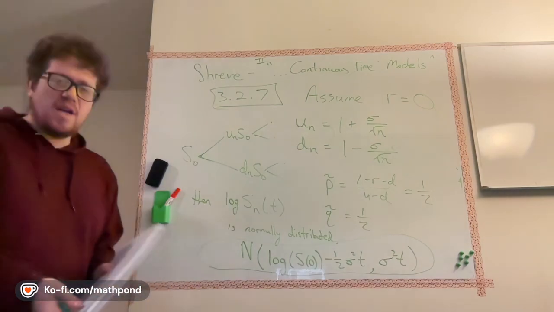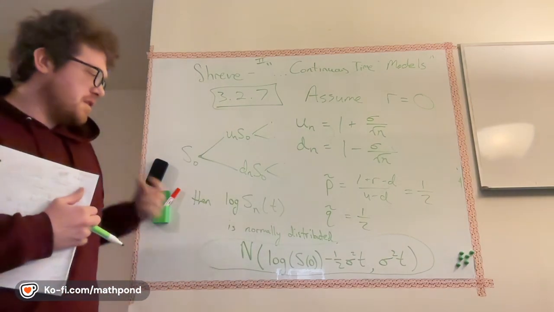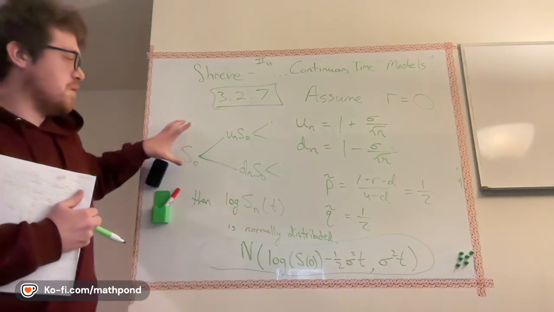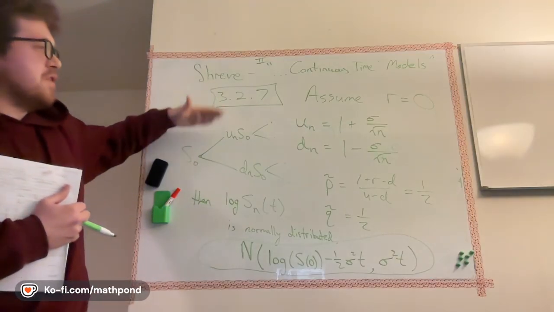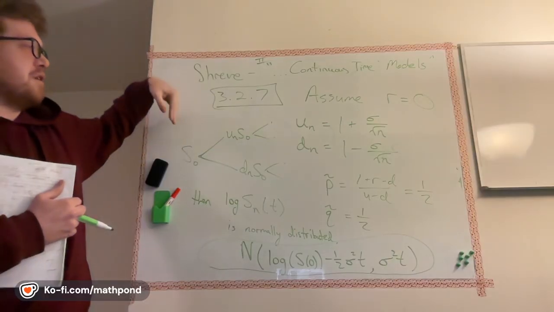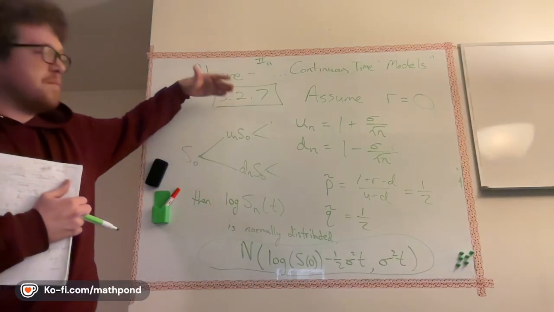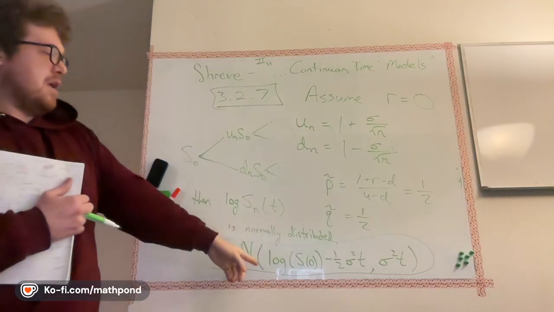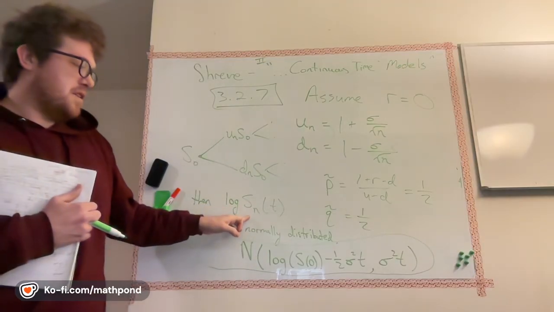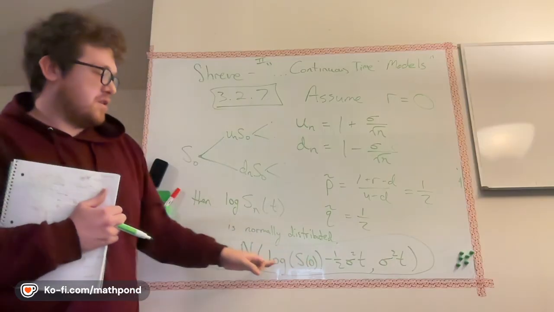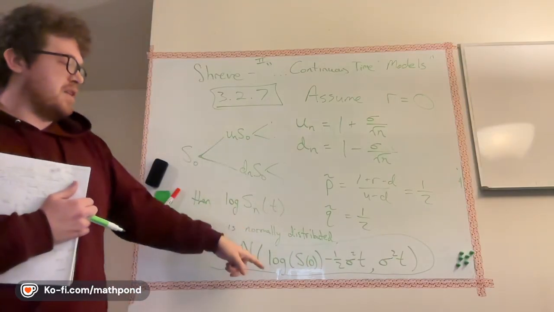Okay, so does anybody have questions about this? This is a very important statement. It says that the original variable, even though the mean for a change over each period was 0, the log of the variable is normally distributed, but when we take the log of the variable, it lowers the mean.